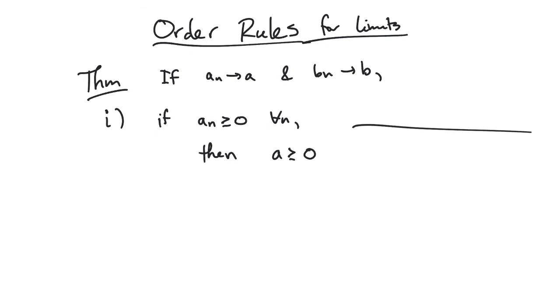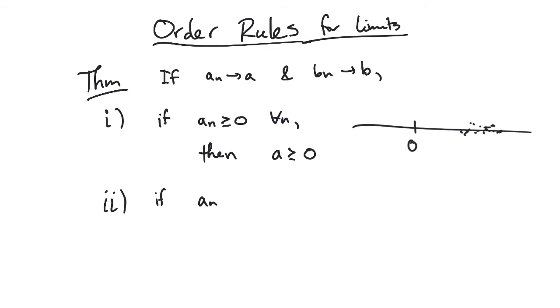So on a picture, if you have 0 here and the entire sequence is over here, they're all positive, then the limit is also positive. It's not suddenly negative, right? Seems reasonable, I think.